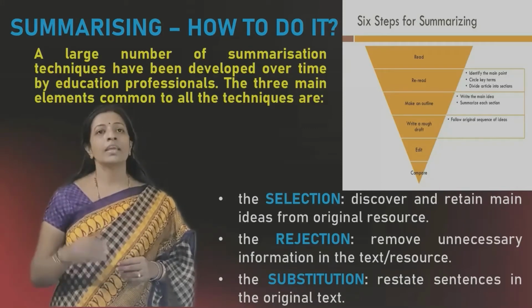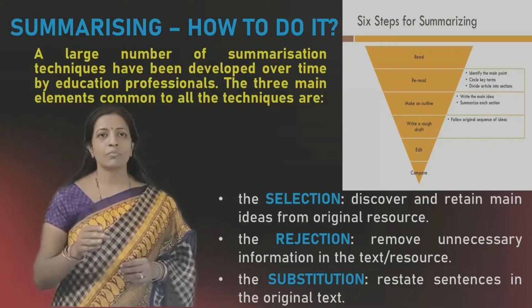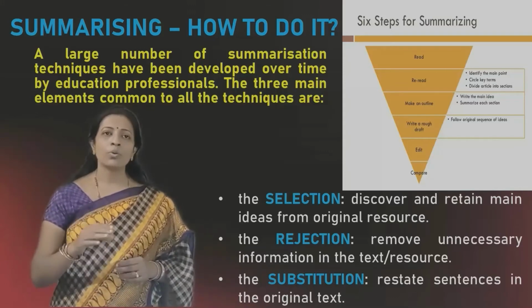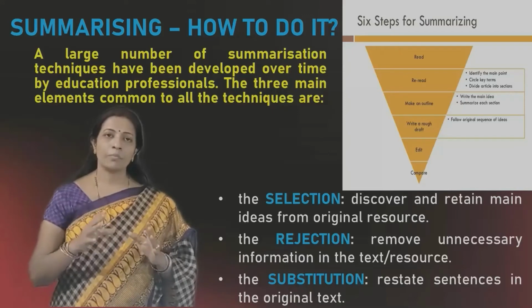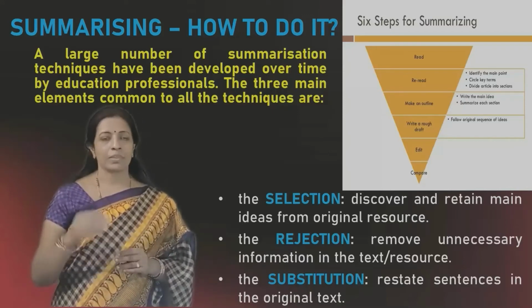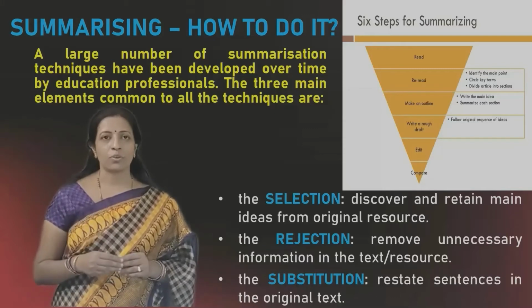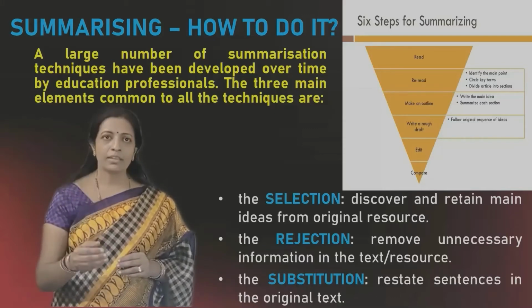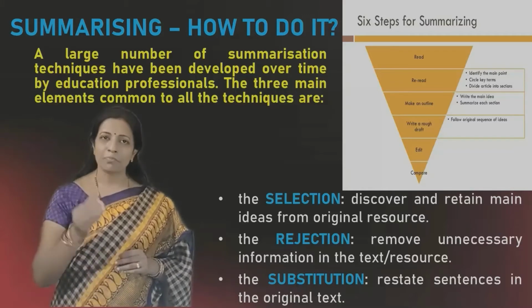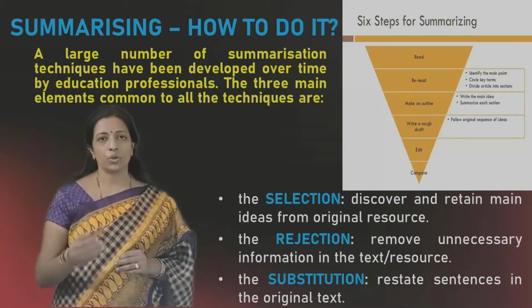And thirdly, you have to substitute these main points in your own sentences. So, shortly, this can be said to be the main process of summarizing. I'll just repeat it once more for you. You have to select the main points, remove the unnecessary points, and substitute the main points with your own sentences.